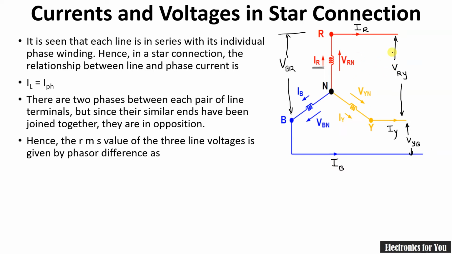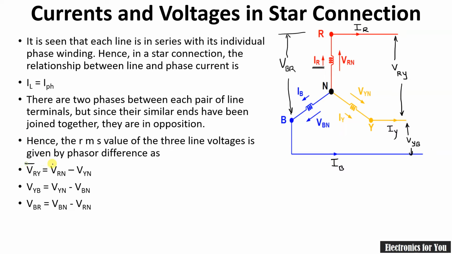If we move like this, then VRN can be taken as positive and VYN will be taken as negative, that is, it is subtracted, and therefore VRY equals VRN minus VYN. Similarly, VYB equals VYN minus VBN, and VBR equals VBN minus VRN.